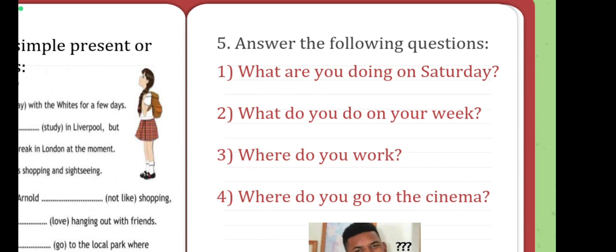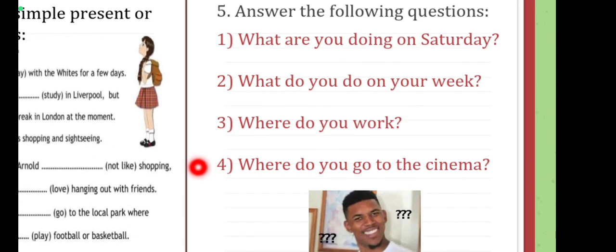Now let's pass to Angela. Can you answer number 3, please? I'm not working. So you don't work? So do you study? No, I'm not working right now. So let's answer number 4. Where do you go to the cinema?